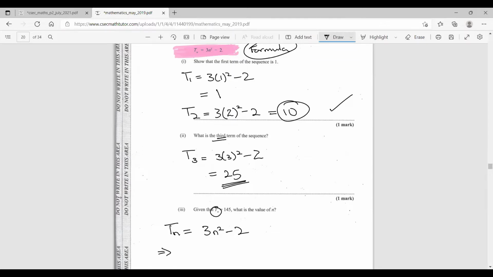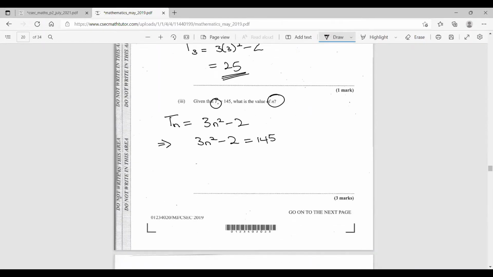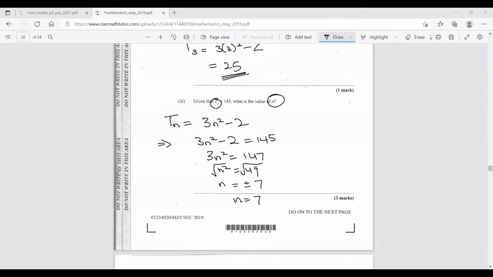Therefore, what am I writing? 145 is equal to 3n squared subtract 2, so 3n squared minus 2 is equal to 145. What did they tell us to do? Find the value of n. Please solve the formula. Right, so we have Tn is equal to 3n squared minus 2, and we're solving it.